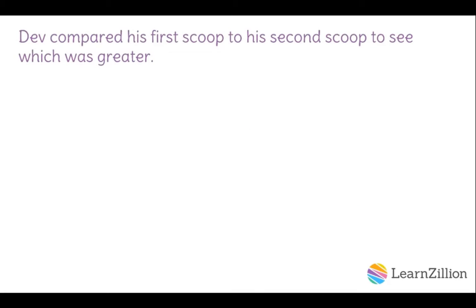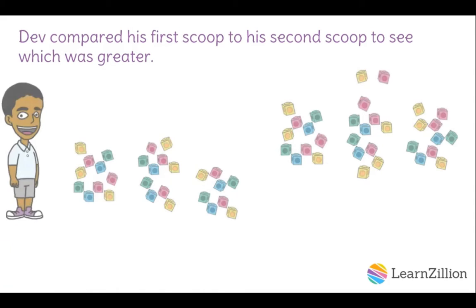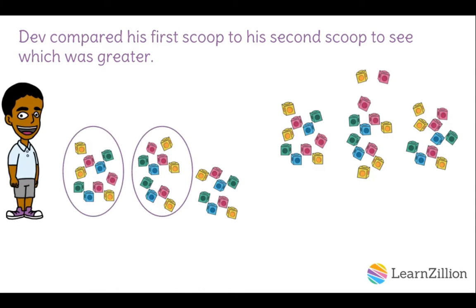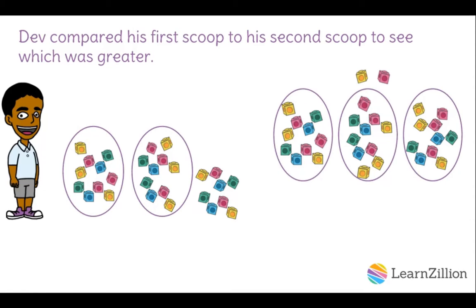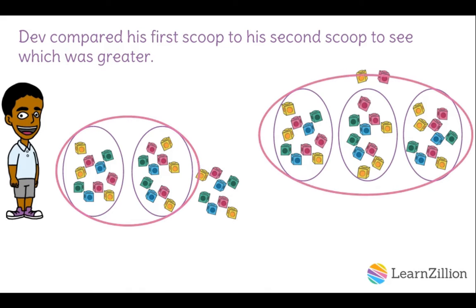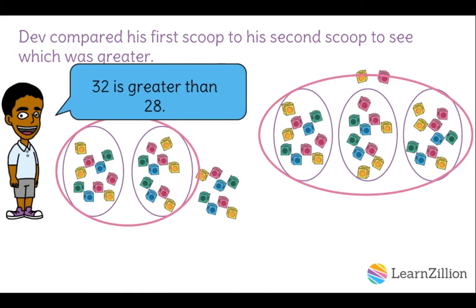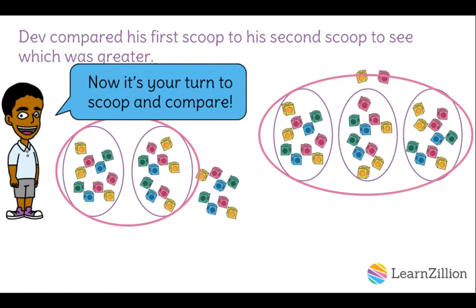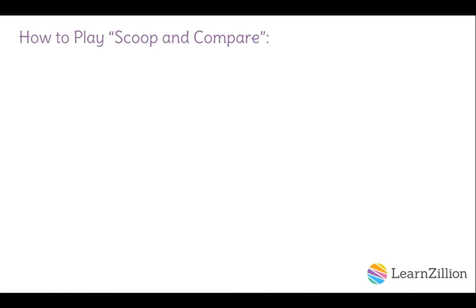Dev compared his first scoop to his second scoop to see which was greater. 28 has 2 tens. 32 has 3 tens. 2 tens is less than 3 tens. 32 is greater than 28. Now it's your turn to scoop and compare. How to play scoop and compare.